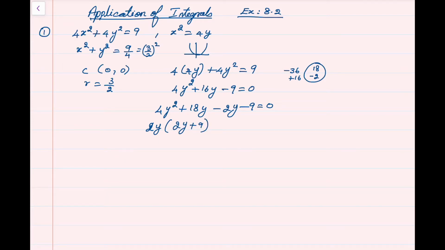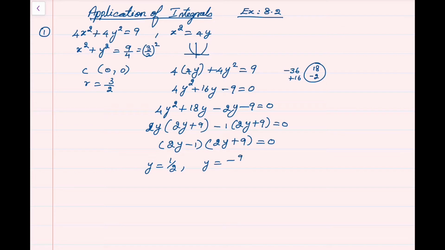From the next two terms, minus 1 is common. Therefore, the factors are 2y minus 1 times 2y plus 9 equal to 0. We get two solutions, y is equal to half and y is equal to minus 9 by 2.